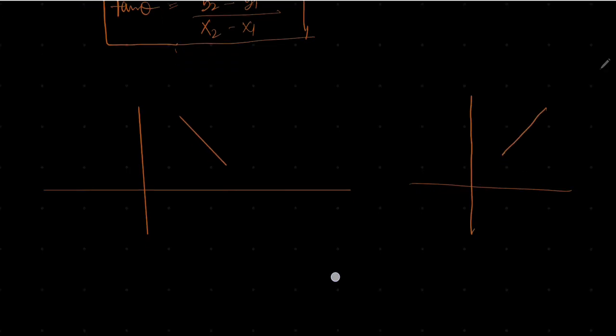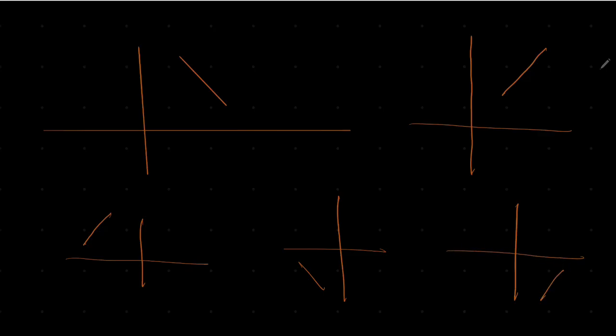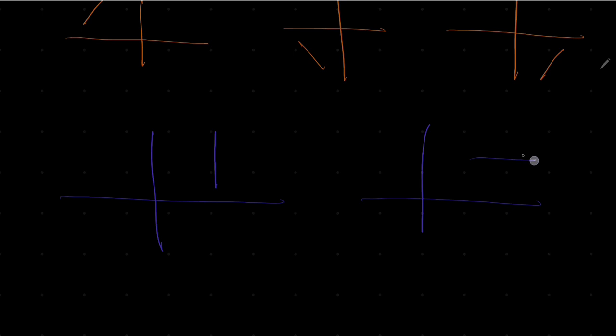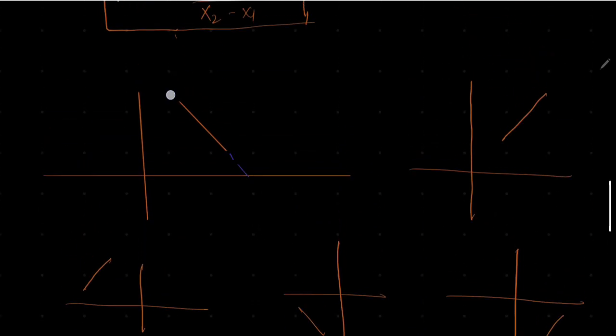We have this line, this line, this line, this line, and this line, or whatever you want to draw. Now see, extend it, highlight it, see the angle.